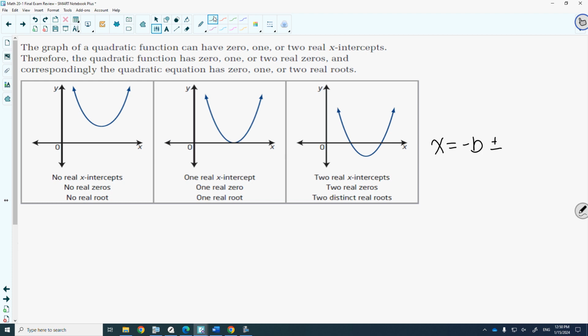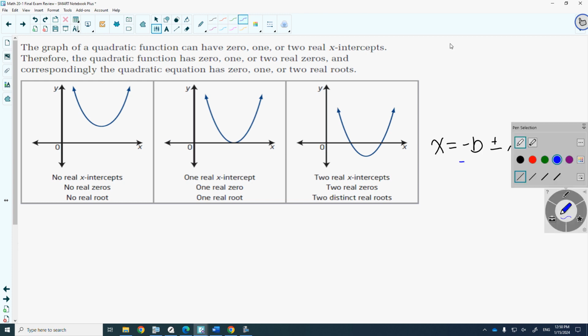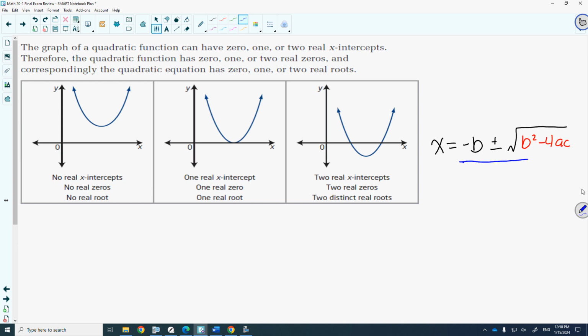Negative b plus or minus the square root, and I'm going to put this in red, b squared minus 4ac, all over 2. This b squared minus 4ac is what was called the discriminant.